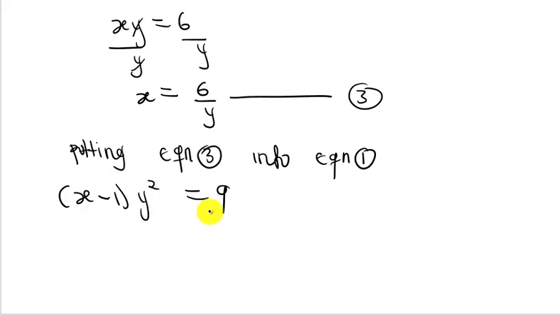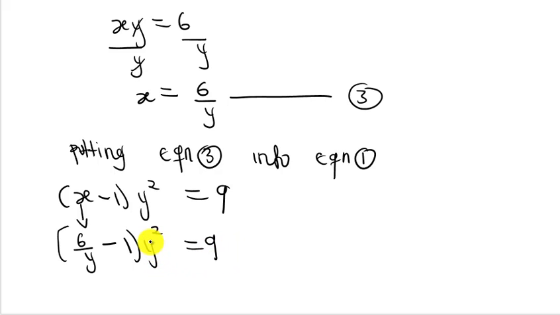So where we are having x, let's substitute the 6 over y there. So we are going to have (6/y - 1) being multiplied by y², and that is equal to 9.